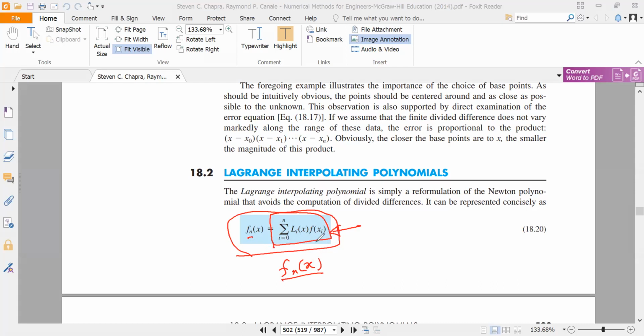Can you tell me, in that sum, which quantity is unknown? Which quantity, xi, is it known or unknown? Sir, unknown.